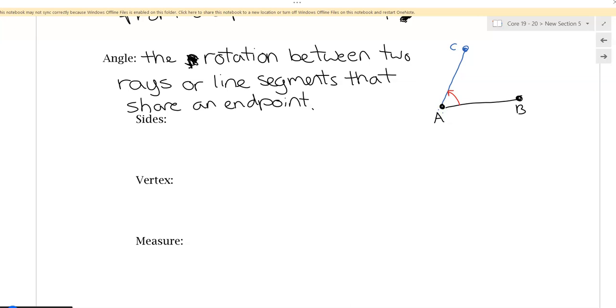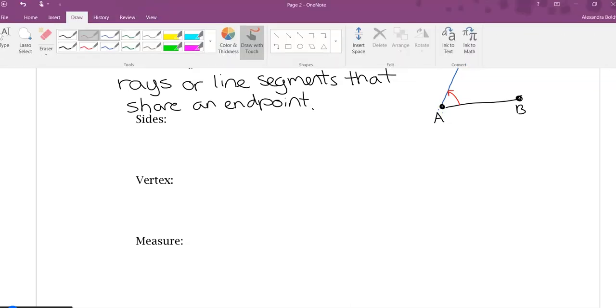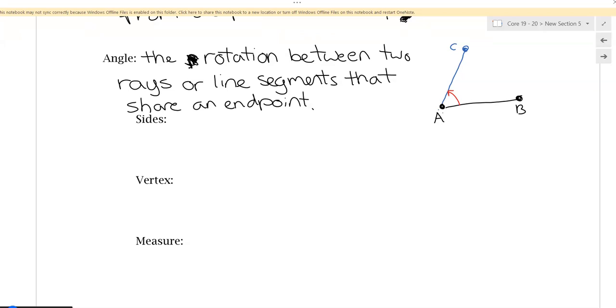Both of those line segments have an endpoint at A. Okay? The angle is actually this part here. It's the rotation. So that's really the angle there. Okay, so the angle is this space inside.